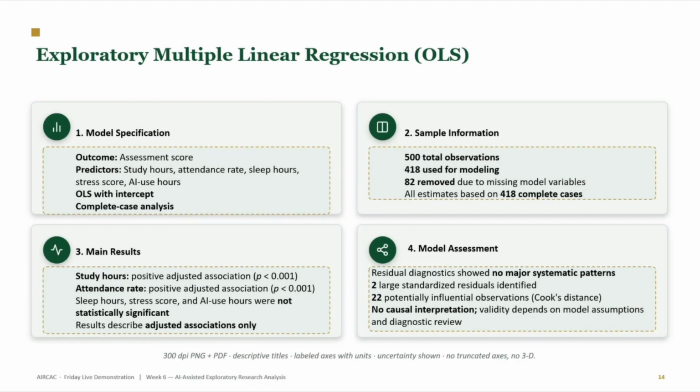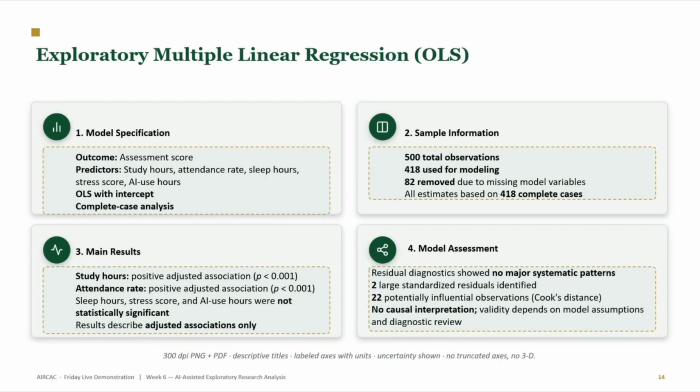The sleep hours, the stress hours, and the AI use hours were not statistically significant. It means they are not significant. Someone is using, but not regularly. Someone else uses it regularly, and we cannot compare their use.